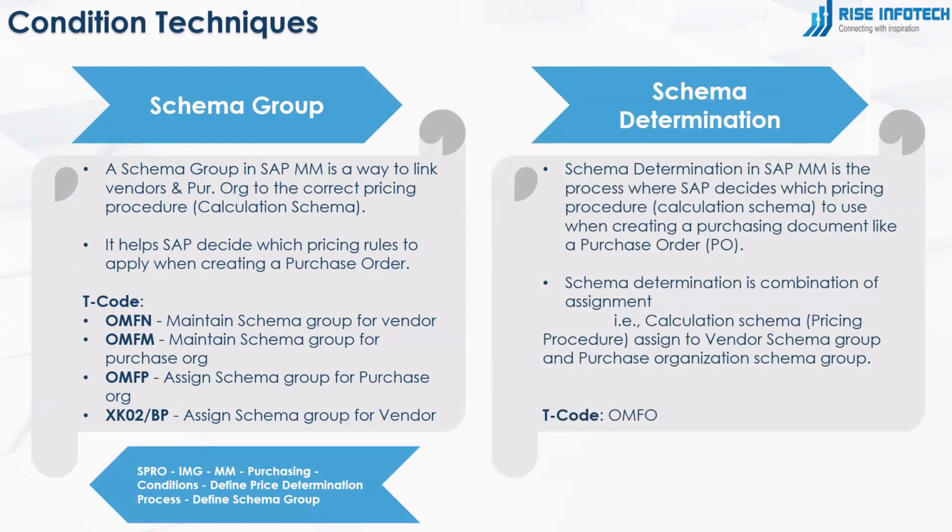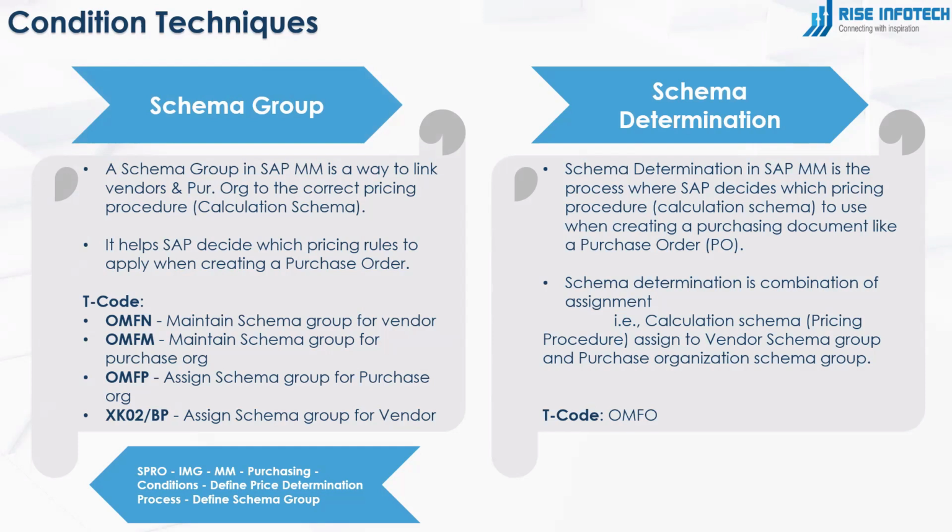Next is schema determination. Schema determination is the process where SAP decides which pricing procedure to use when creating a purchasing document. So there will be several schema groups available in the system. The schema determination is used to determine which pricing procedure is to be applied.